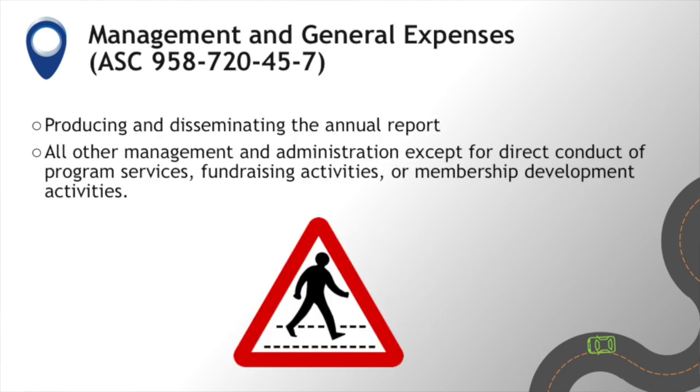So here, producing and disseminating the annual report is a management and general expense. And then all other management and administration except for direct conduct of program services, fundraising activities, or membership development activities.